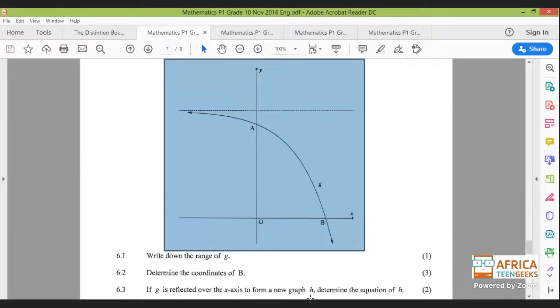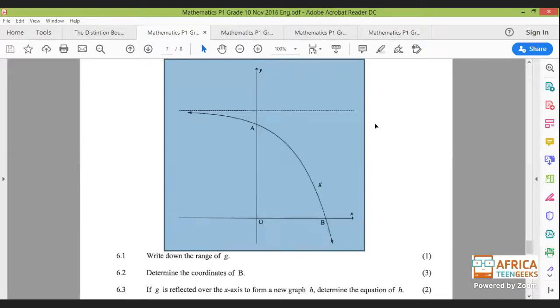The new graph will be called graph h. Determine its new equation, which is going to be h of x equals something.